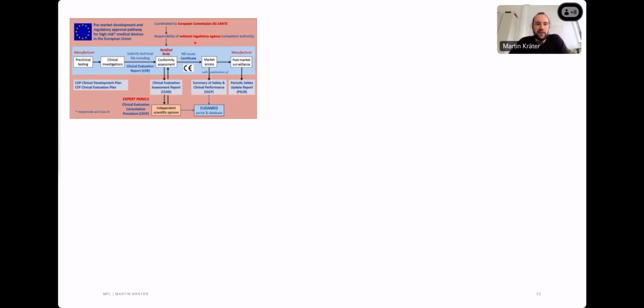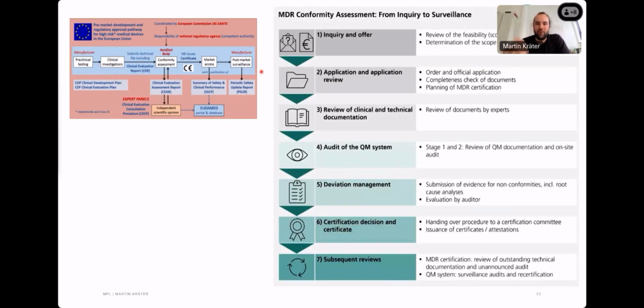This is a representation of what needs to be done in order to get a certificate for such a product. But as it is often represented in the organizations, it looks like a super nice process which just goes along this line, but this is actually not the case. It is very, very complicated and takes a lot of time and effort.